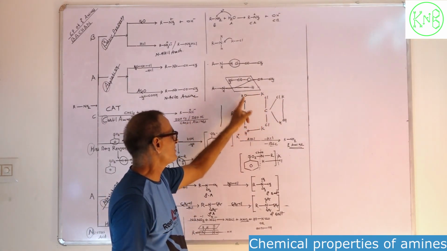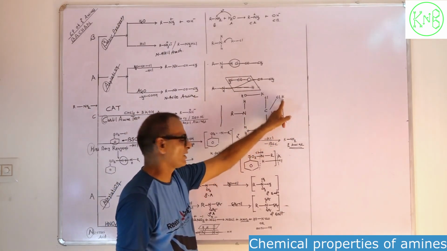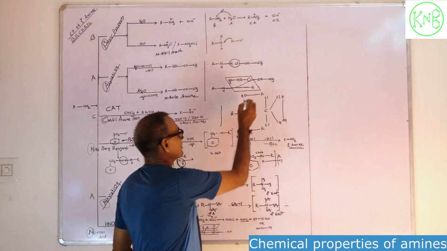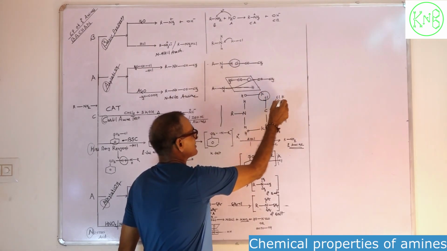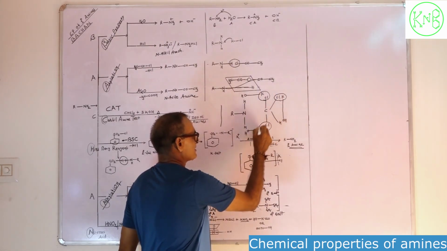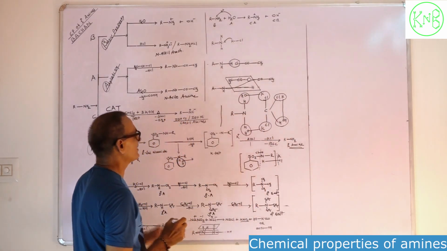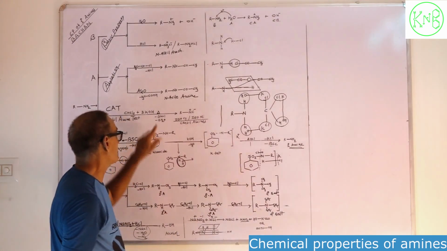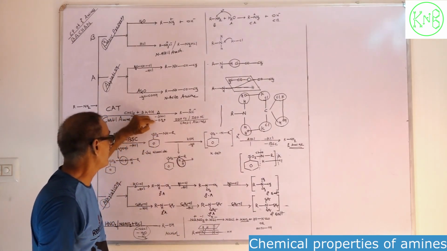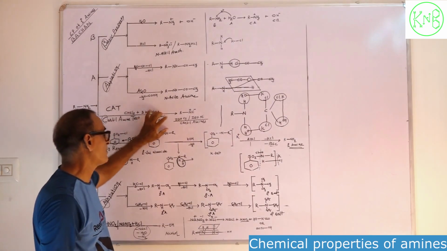Then KOH, second and third molecule of KOH. Now this is KCl, second KCl and third KCl. Water molecule, second water molecule and third water molecule. Means during the reaction, 3 molecules of KCl and 3 water molecules are removed as byproducts.